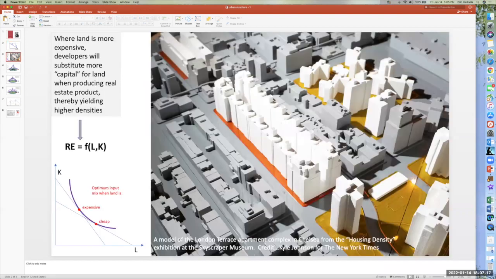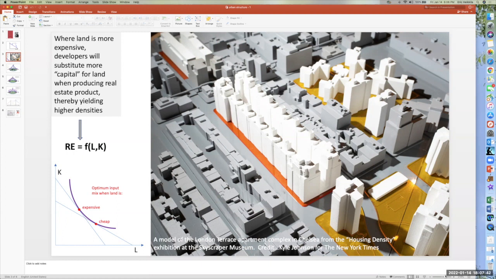One thing to explain is why we get higher densities in locations that are closer to the core, and that has to do with the fact that, as we've seen, when you're closer to the core in this monocentric model, the prices along the bid-rent curve are higher.